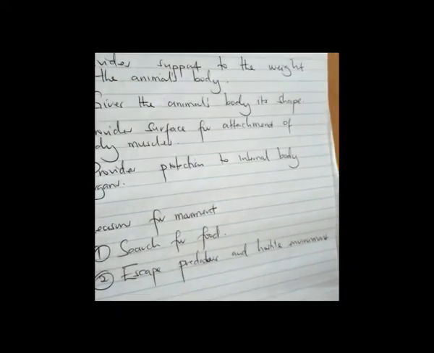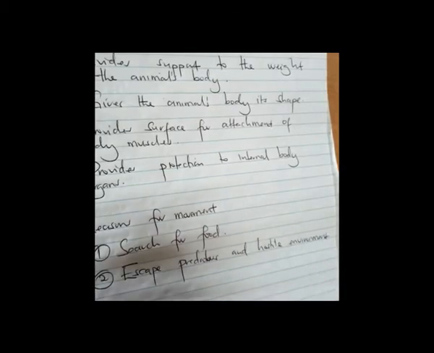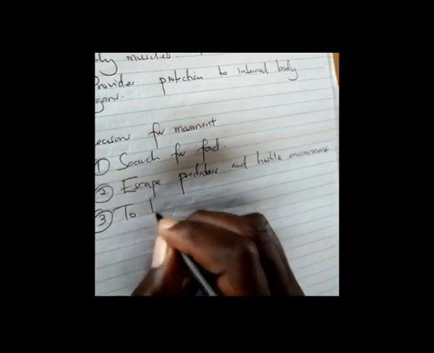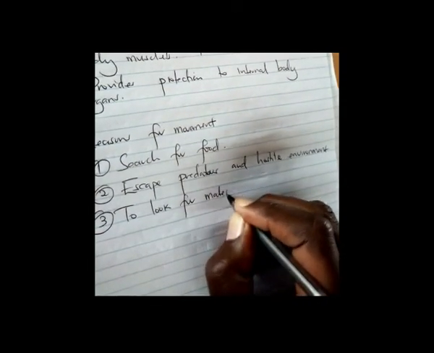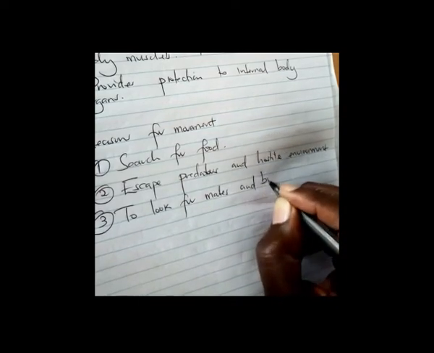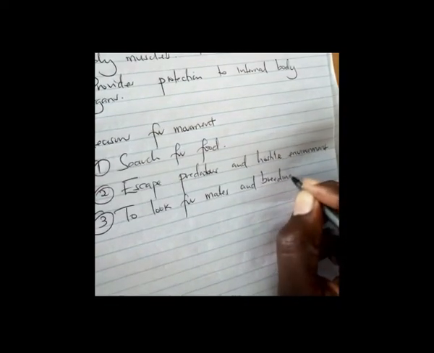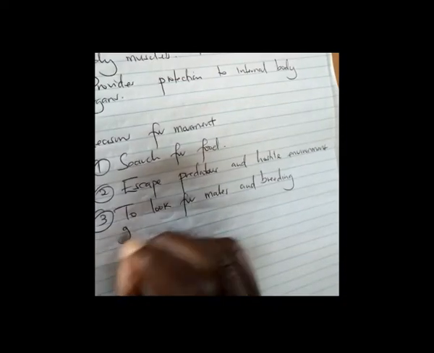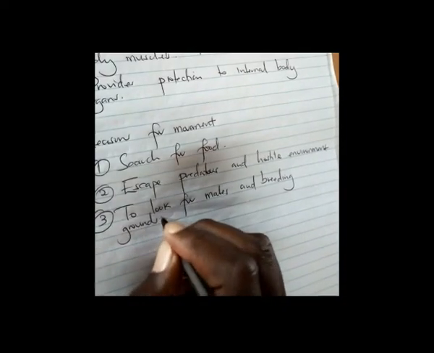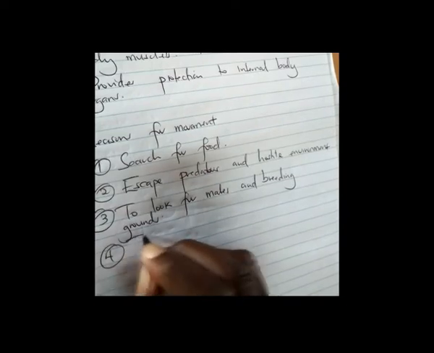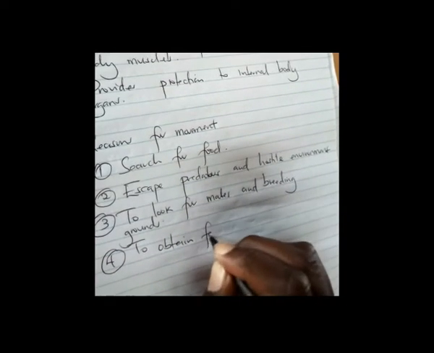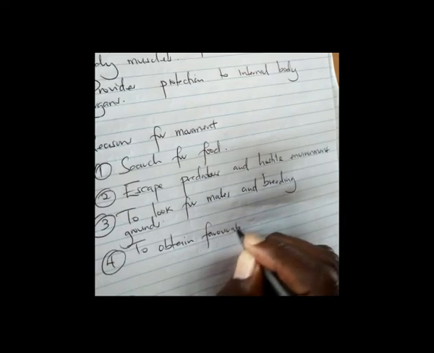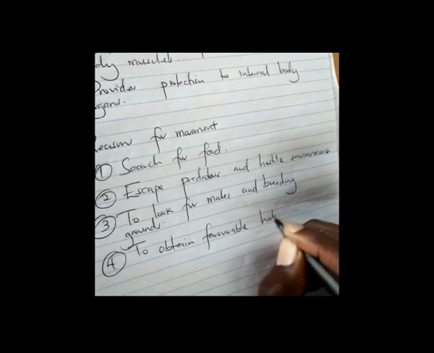Number three is to look for mates and breeding grounds. Then number four, animals will move to obtain favorable habitats.